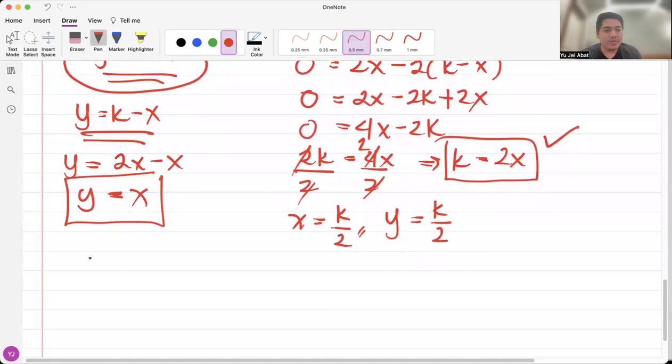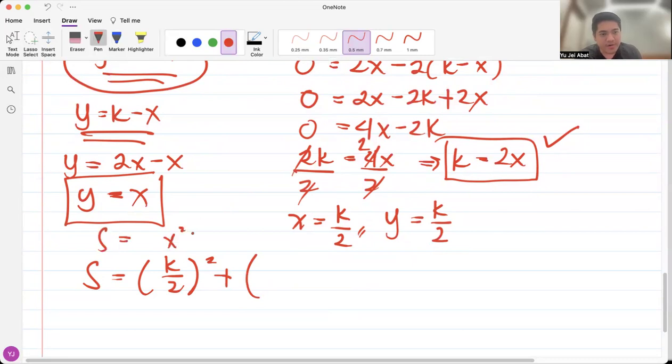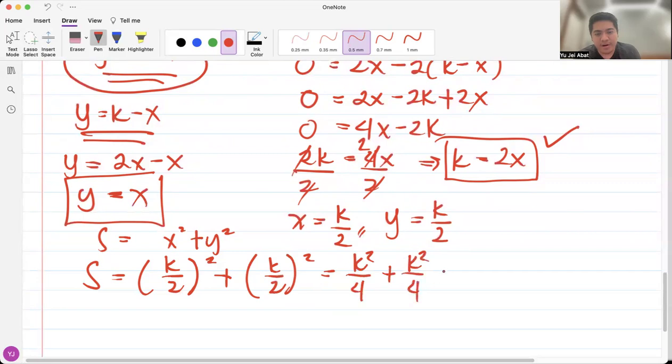Now if I find the sum of their squares, remember our second equation is x squared plus y squared. Substituting the x and the y, both k all over 2 squared, I'll have k squared all over 4 plus k squared all over 4.